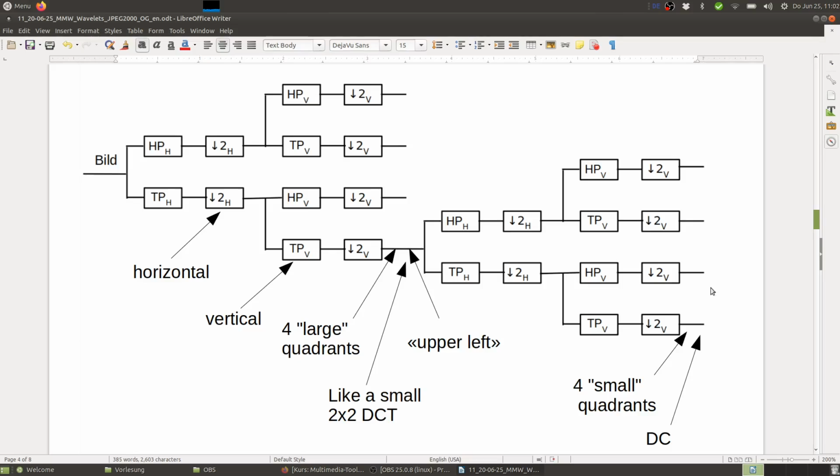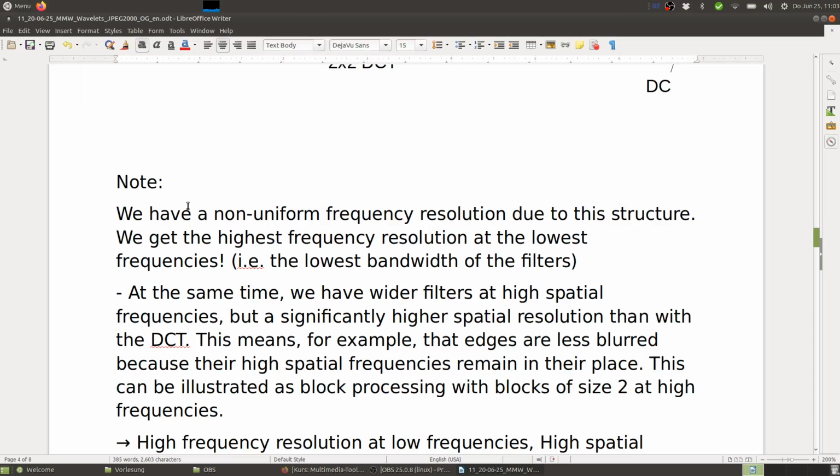So again, this would look like a 2x2 DCT applied to the DC coefficients coming out of this stage. So again, we would have 4 smaller quadrants, right? And this way, the upper left-hand corner would have a finer and finer resolution in the frequency domain, right? So this is basically this cascade concept.